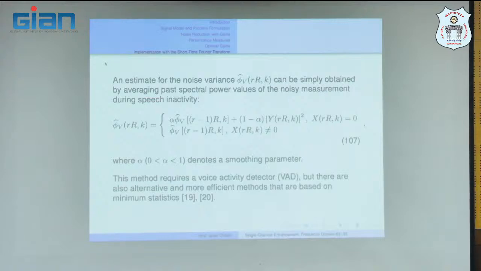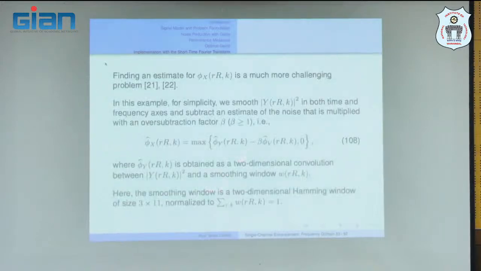Okay, so how do we do that? A simple way is to take the variance of y and subtract the variance of v. I remind you that the variance of y equals the variance of x plus the variance of v, because y, in the STFT domain, equals x plus v, and x and v are not correlated with each other.